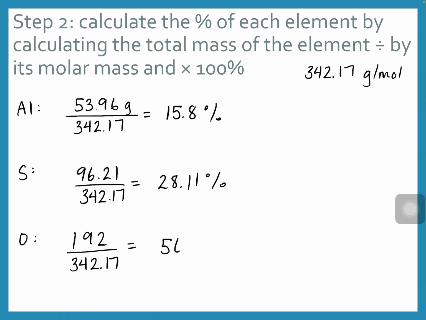And 56.11% for oxygen. So 15.8% of the mass of aluminum sulfate comes from aluminum, 28.11% comes from sulfur, and 56.11% of aluminum sulfate's mass comes from oxygen atoms.